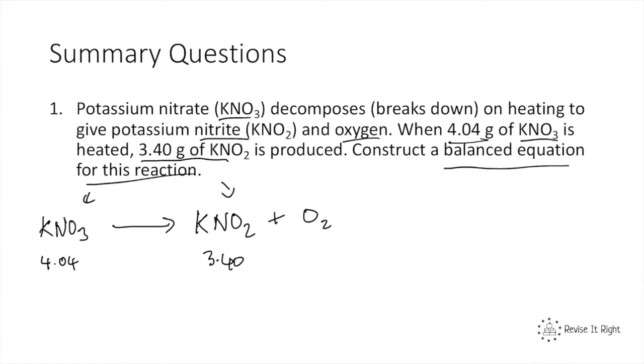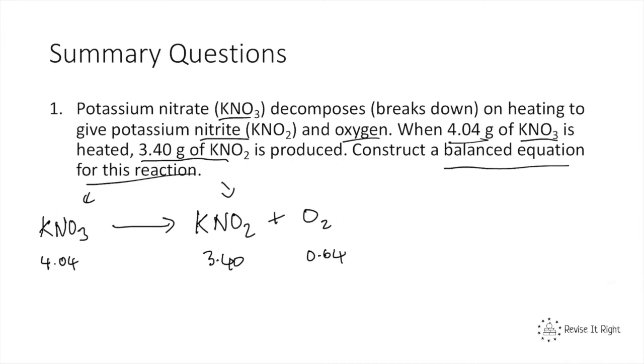Okay, so here we've got 4.04, and here we've only got 3.4. So if we do 4.04, take away 3.4, then that gives us 0.64 left. So that must be the mass of oxygen formed. So that will be 0.64. So to get that, we just did 4.04, take away 3.40.